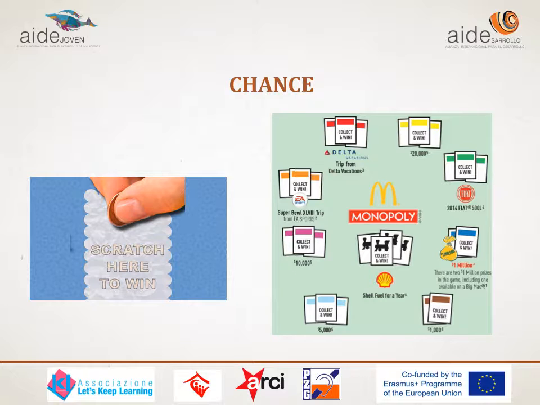So there would be a chance item. They would have their curiosity engaged because they want to discover what they can win. They will have the surprise, but they know what they have to do in order to get the possibility to get to the scratch.